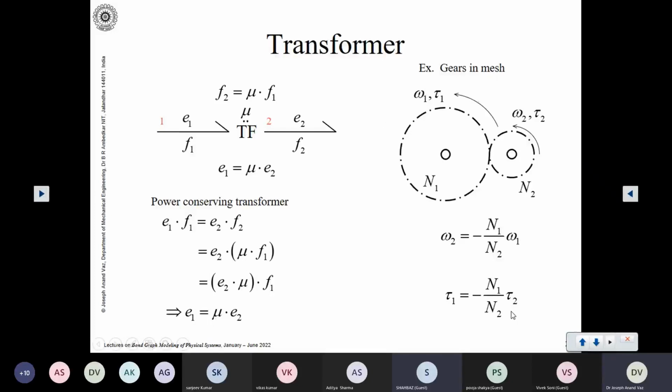So you can boost torque. The angular velocity will drop, but you can boost torque by using a pinion gear system like this. So even with a small torque applied at the pinion, you can develop a higher torque at the output shaft of the gear. So this represents the relationship for a transformer.